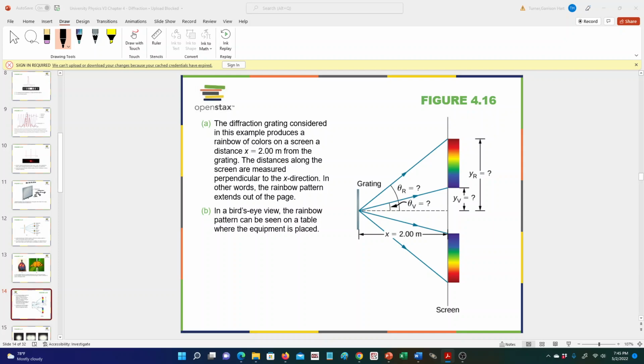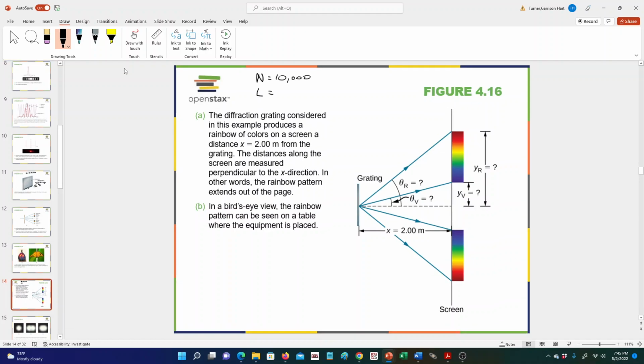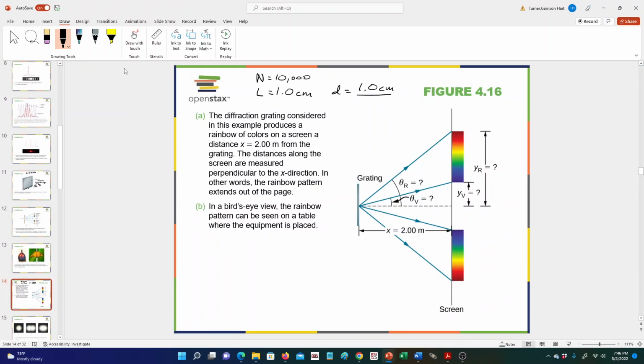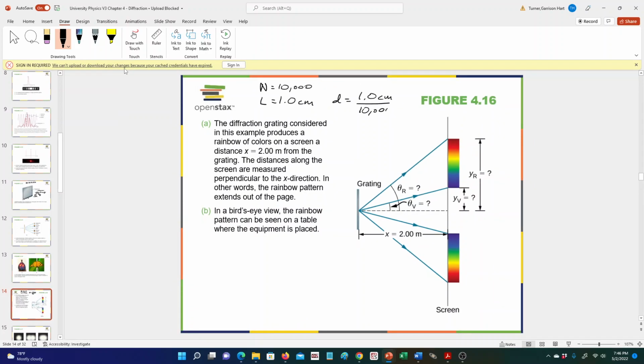So for every centimeter of the diffraction grating, there's 10,000 lines. And so to calculate D in that case, okay, we would calculate D from there.